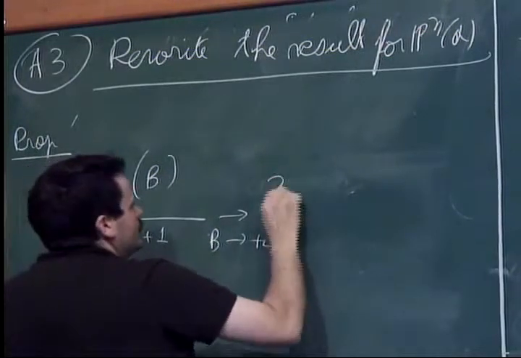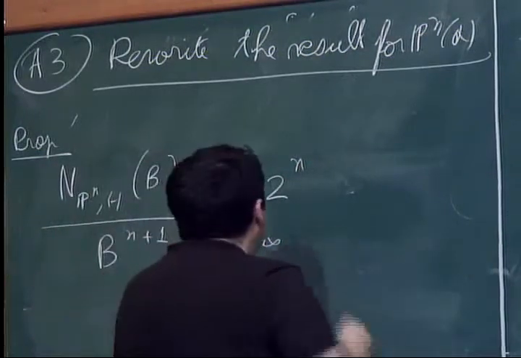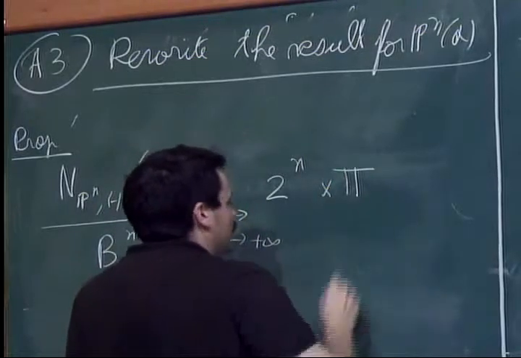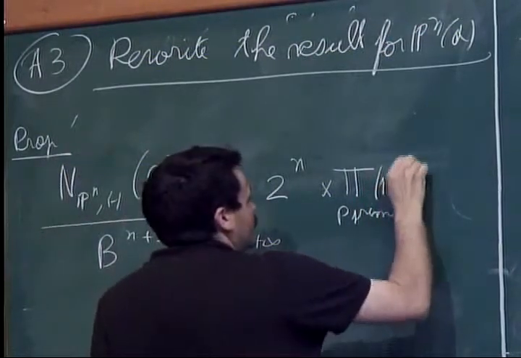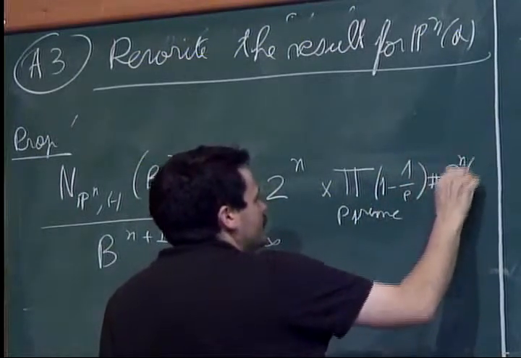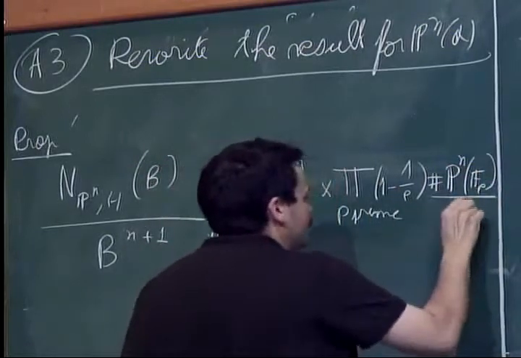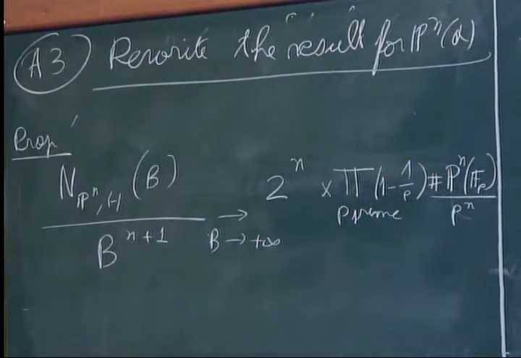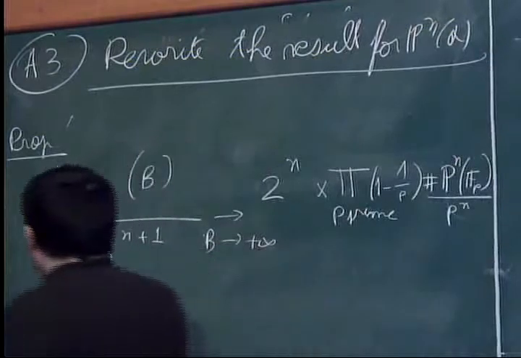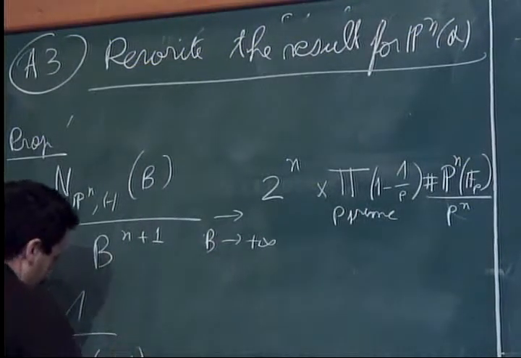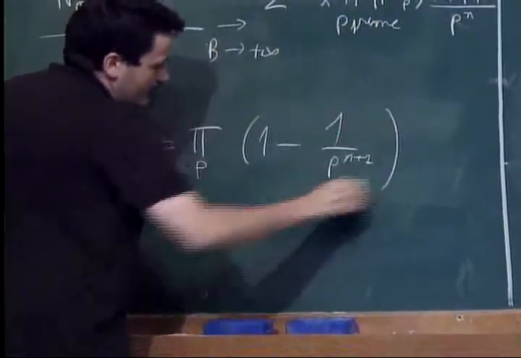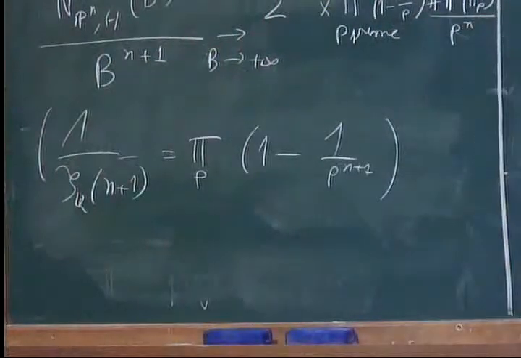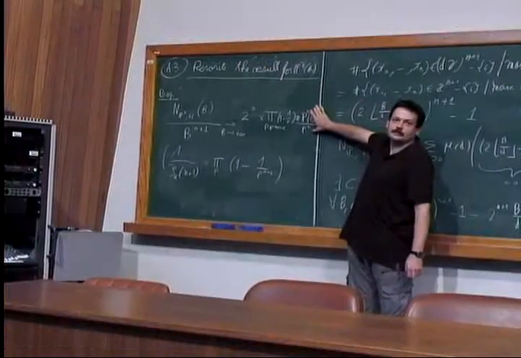And this constant, I may write as 2 to the power n multiplied by the product over all primes p of 1 minus 1 over p times the cardinal of the projective space over Fp, divided by p to the power n. So I simply wrote that 1 over zeta of n plus 1 is equal to the product over all p of 1 minus 1 over p to the power n plus 1, and I get this formula. I hope tomorrow it will be clearer why I want to introduce this Euler product.